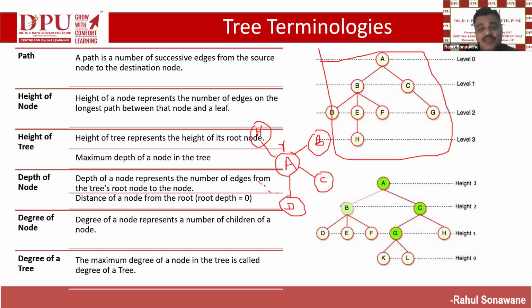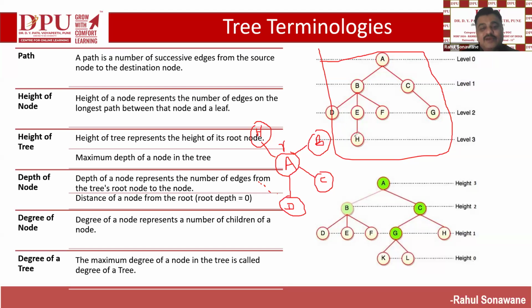But obviously, if I wish to implement it practically, what do I need to do? I need to declare a structure with n number of pointers, where that structure will be able to hold some data, let's say character data, and there will be n number of pointers. Now, what will be the value of n? We can't say.